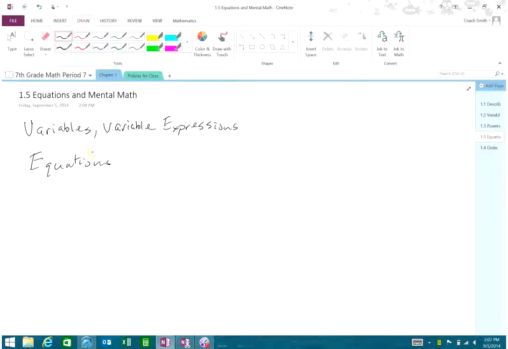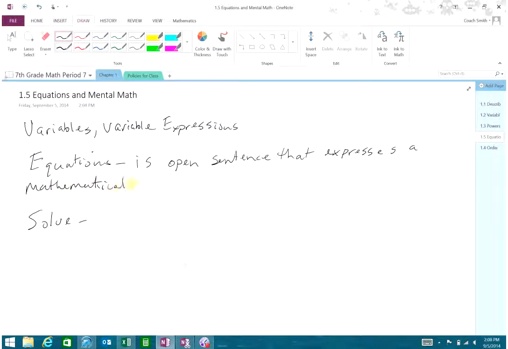Okay. Today we're going to talk about variables and variable expressions, but we're going to combine it with the words equations and solve. Okay. An equation is an open sentence. Okay, it's an open sentence that expresses a mathematical expression.